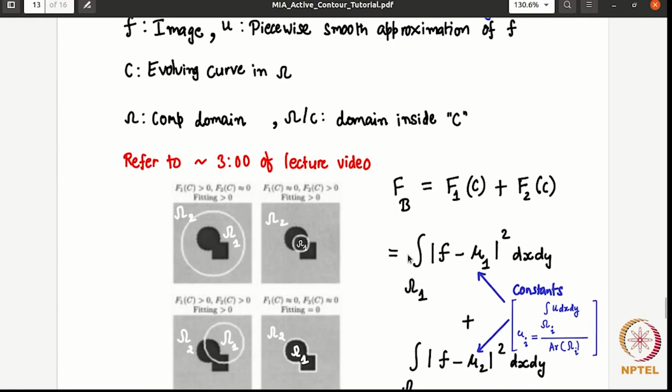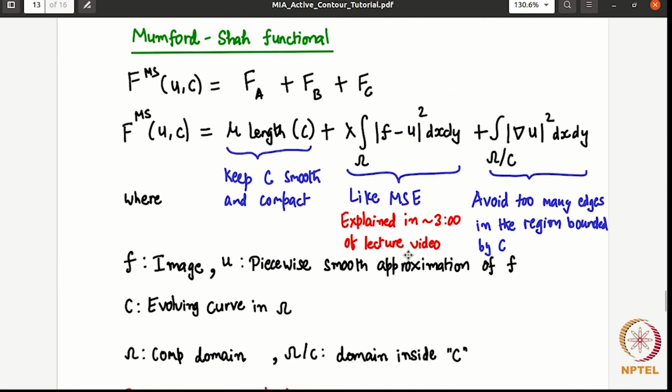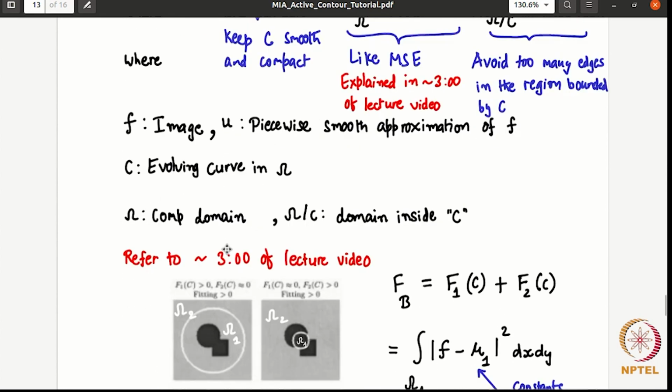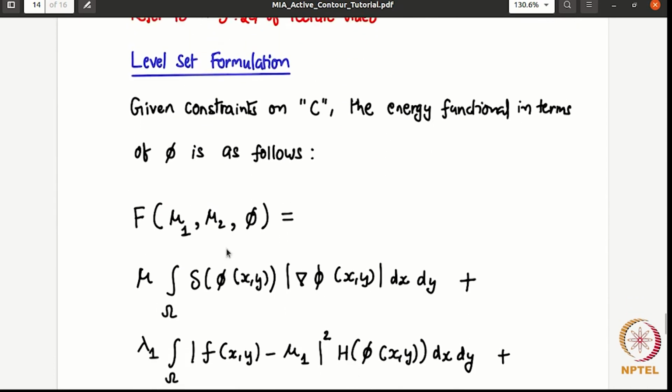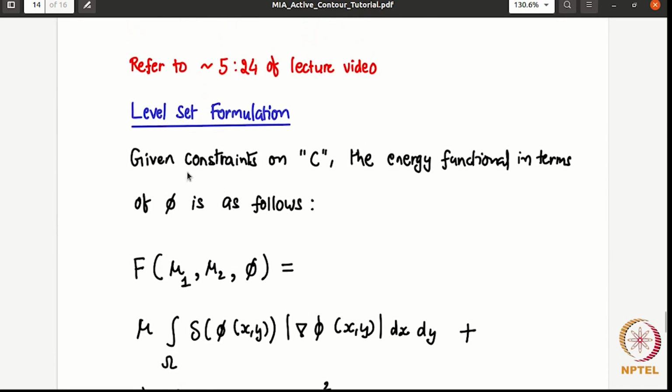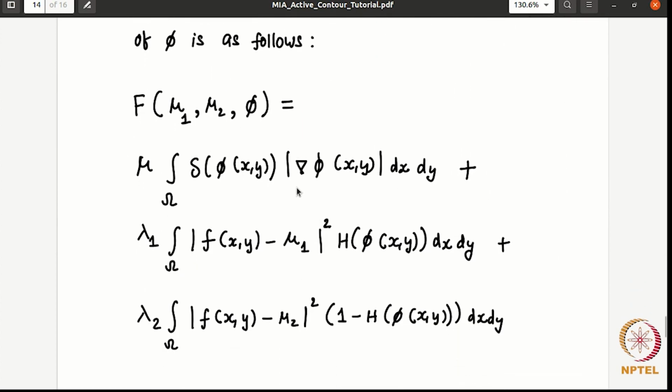Just like in the last two approaches, once we have a functional, but this functional is written in terms of C, and we want to use level set formulation, we need to find a way to write this functional in the form of phi. In the level set formulation, given constraints on C, the energy functional in terms of phi can be written as follows.